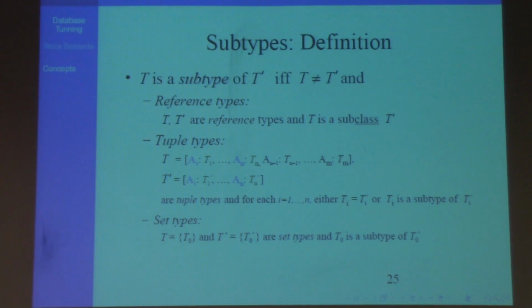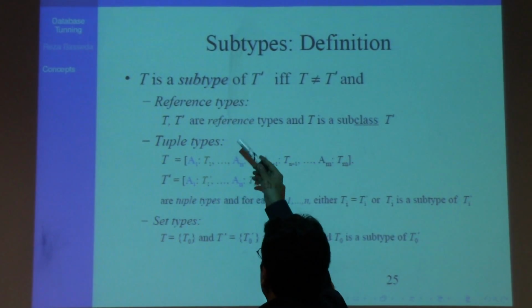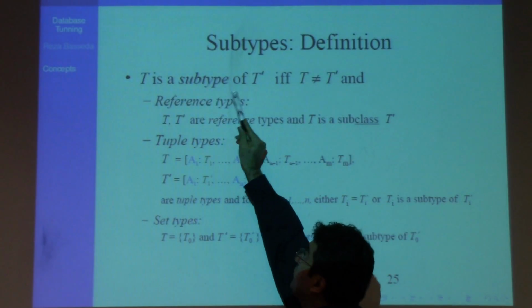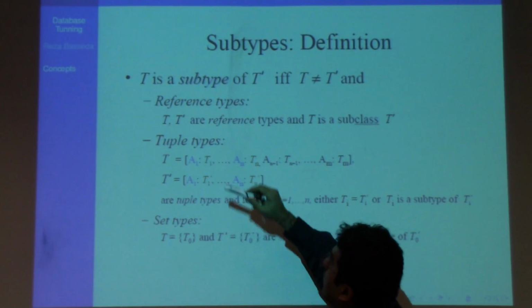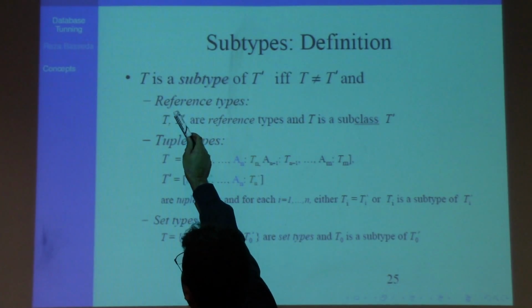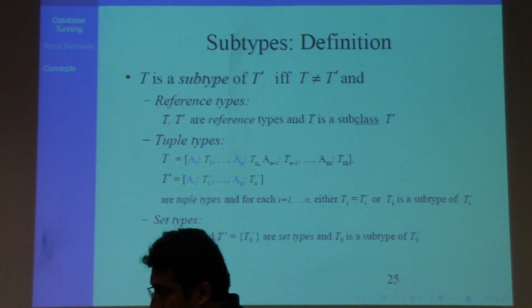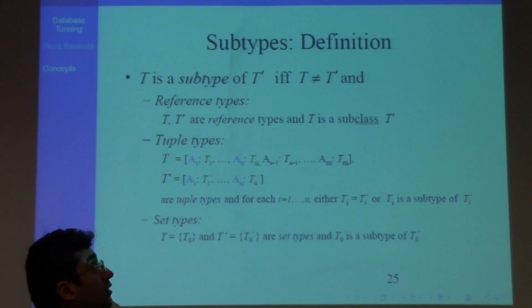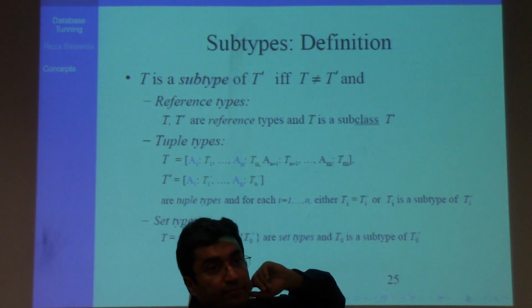So I will give examples probably next week, on Thursday, but let's go over that. Suppose that you have two types, T and T prime. T is a subtype of T prime if they are not equal, and if T and T prime are reference types, then T is a subclass of T prime.